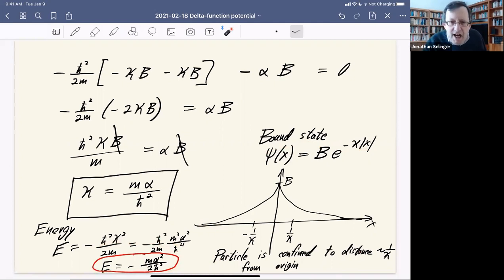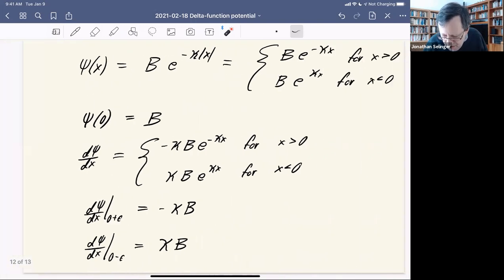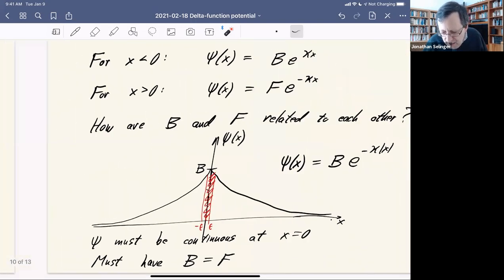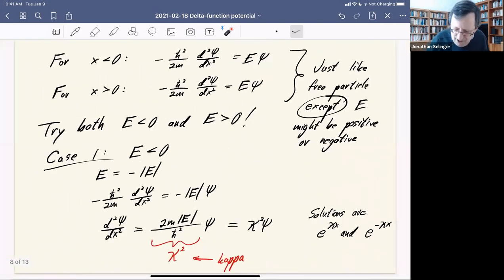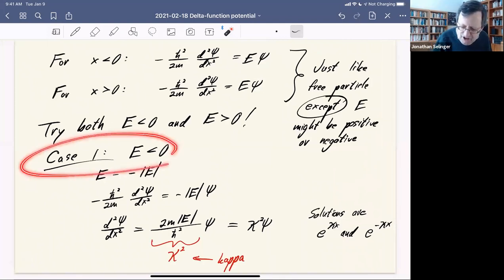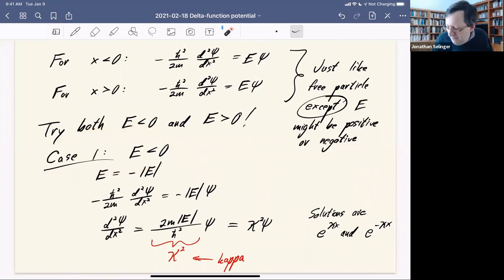We have not yet looked for scattering states, because a scattering state would be a state with positive energy. And here we said, let's consider energy negative. So finding the scattering states is going to be another whole calculation for case 2, assuming that E is positive. So that we'll have to wait until Monday.